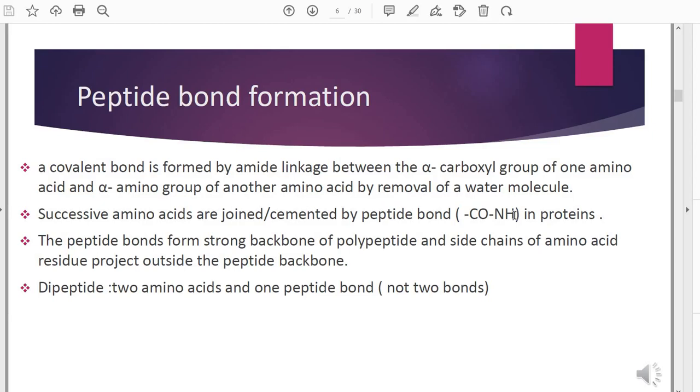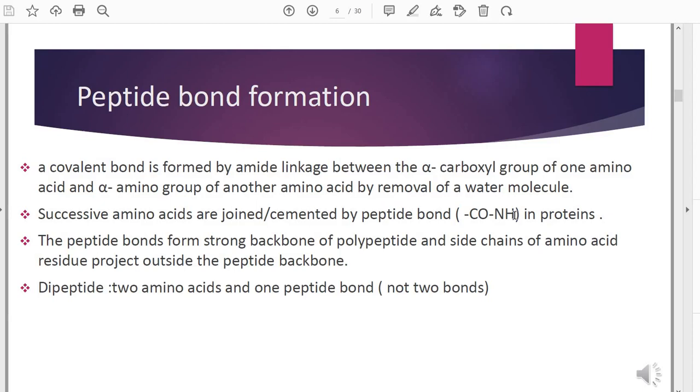The polypeptide chain becomes linear, and the side chains of the amino acids project outside from this backbone. A dipeptide means two amino acids connected by one peptide bond.